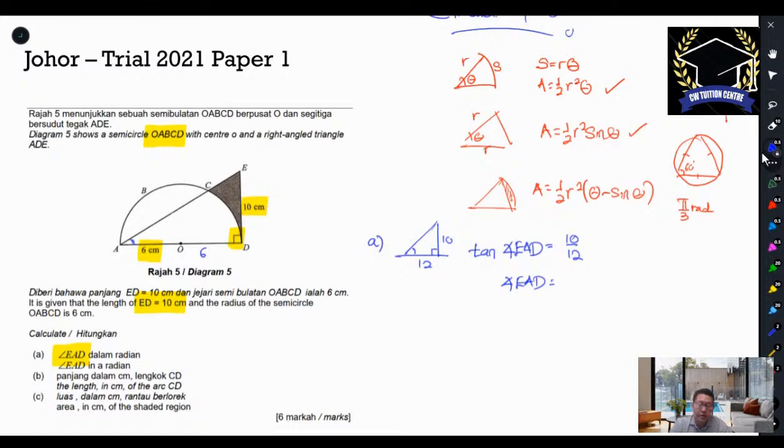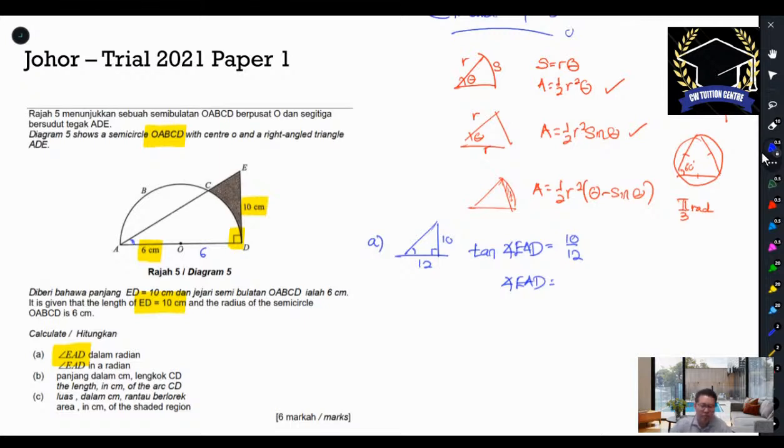The first thing, this is circular measure. We need to change the mode to radian. Be careful: when we do circular measure, we change it to radian mode, and when we do other questions, we change it back to degree. Remember this. Shift tangent 10 over 12.